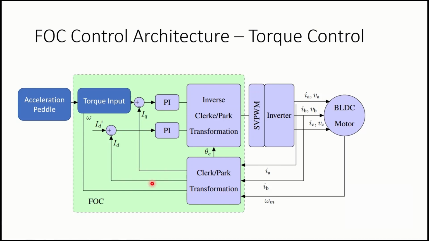In that frame of reference, one term is ID and another term is IQ. The ID term, in our case, represents the term dealing with the flux. In the case of a BLDC motor or PMSM motor, we have the magnet as the rotor.